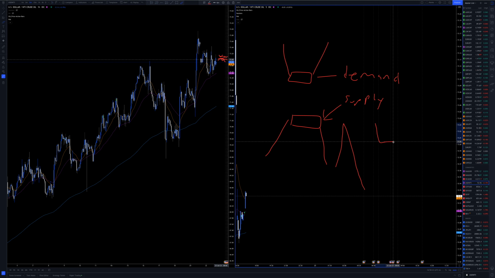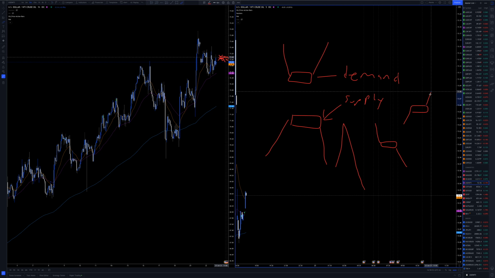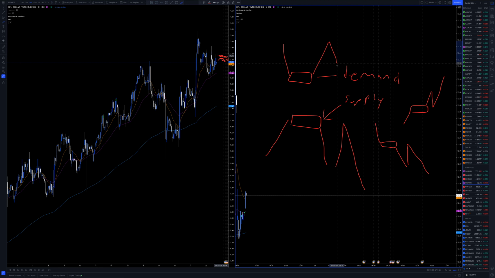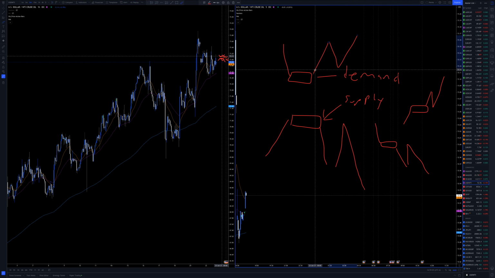You have a drop in price, a base, and a drop in price. And the opposite being true, a rally in price, a base, and a rally in price. Okay, so in each one of these, you're looking for a pullback to the level for a continuation in the direction of the move. Make sense? Perfect. All right, let's move on to looking at this on a chart.